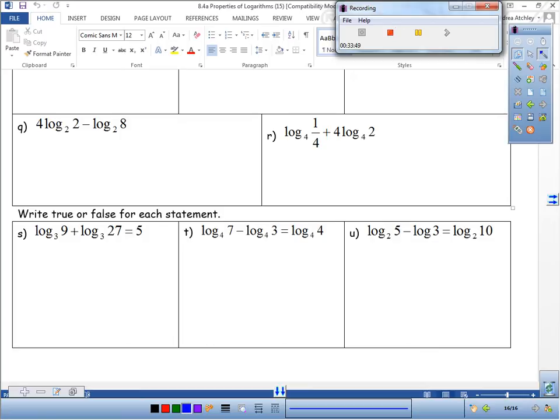Don't use your calculators. Okay, class. Is that true or false? True. Okay, because log base 3 of 9 is 2. And log base 3 of 27 is 3. And 2 plus 3 is 5. So this is true.